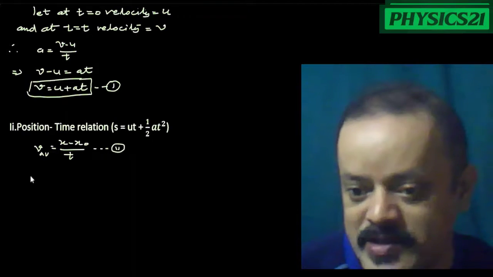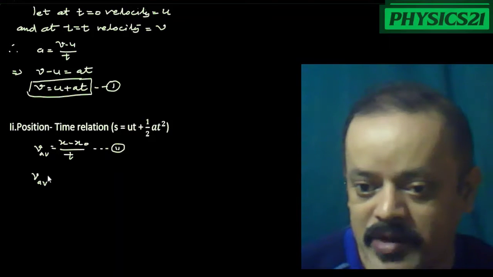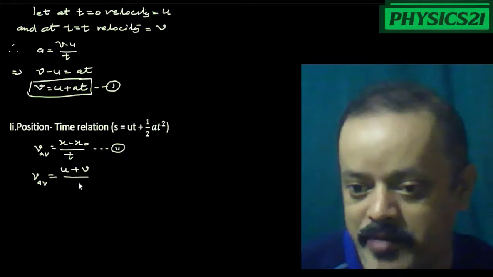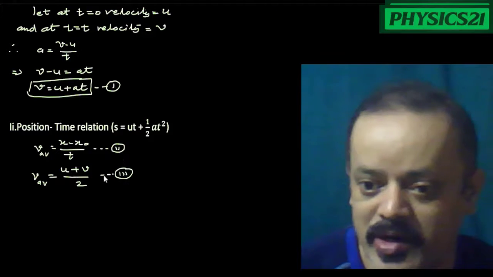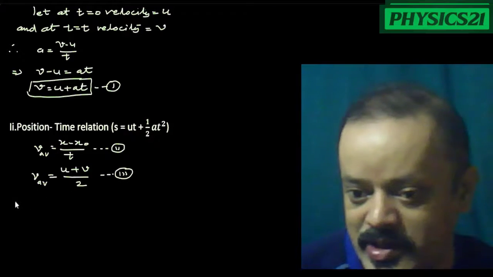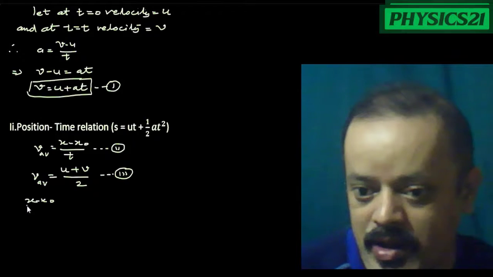Now average velocity can also be calculated by the relation v_av equals u plus v divided by 2. Let this be equation 3. As both equations 2 and 3 represent average velocity, from 2 and 3 we can write x minus x naught divided by t equals u plus v divided by 2.